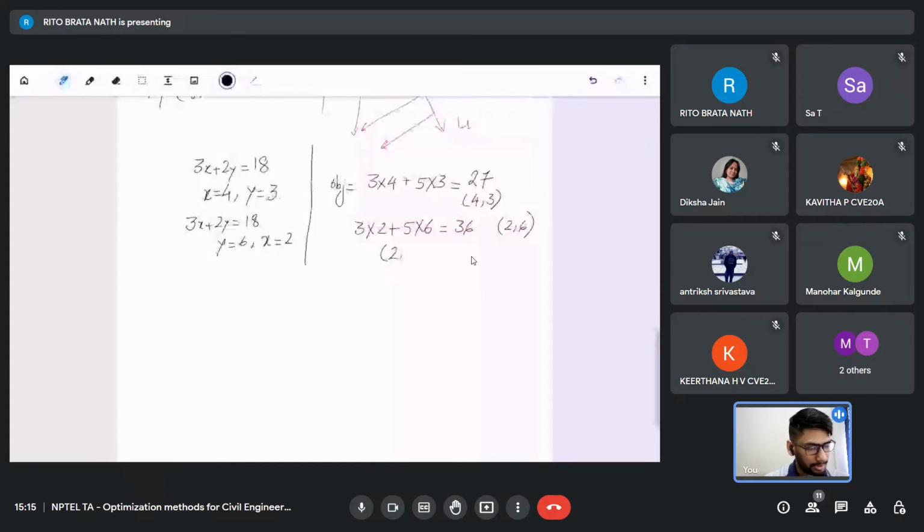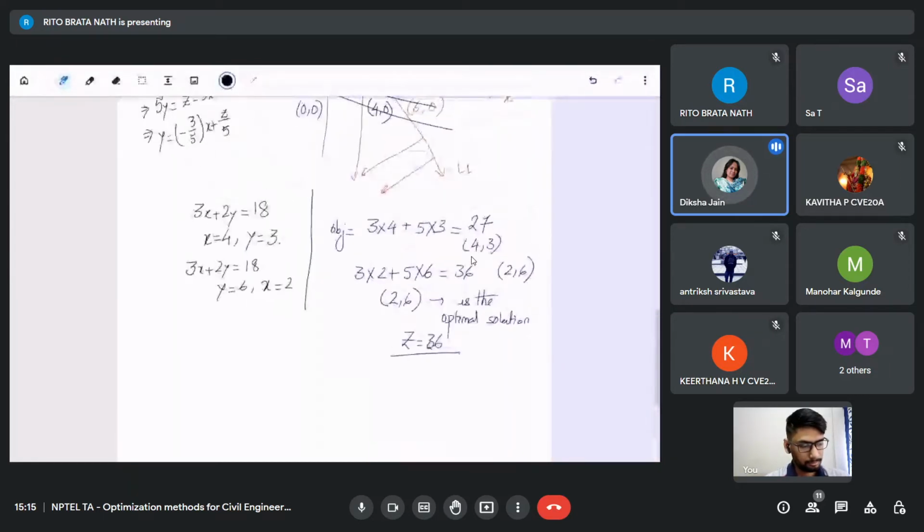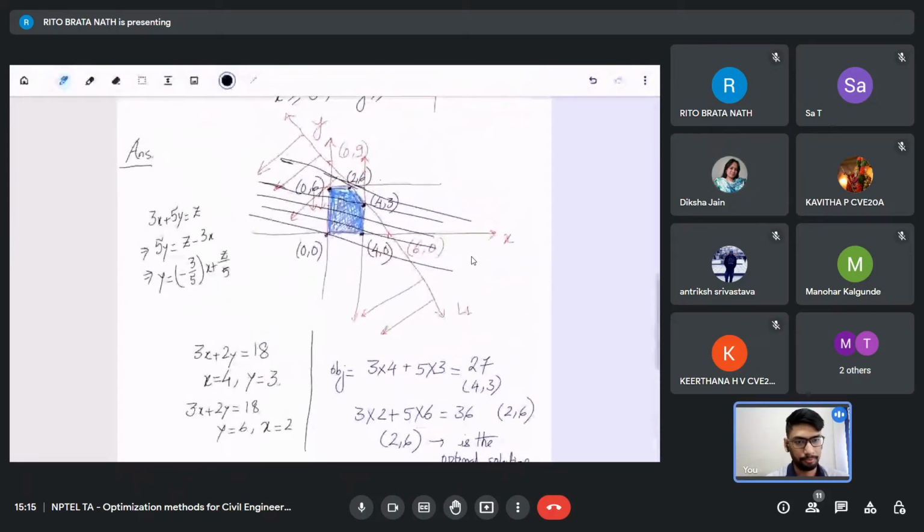Does anyone have any doubt related to what I have solved already? I think my writing is lagging a bit, but I hope the idea was clear. So this is kind of fitting the objective function.